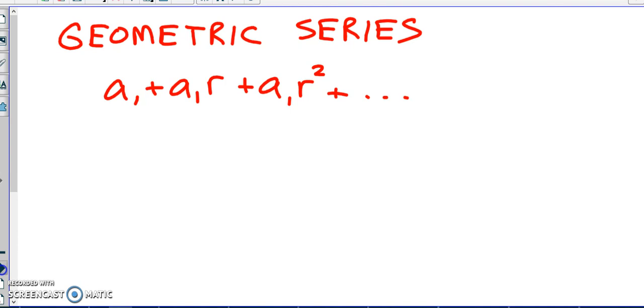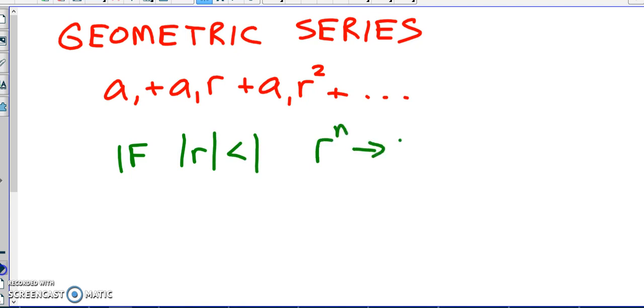But if your ratio is between -1 and 1, then the things you're adding will actually shrink. So if the absolute value of r is less than 1, then r to the nth goes to 0 as n goes to infinity. So basically, you're multiplying by a smaller and smaller quantity each time you're adding.